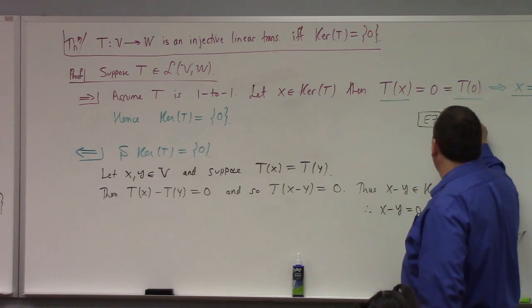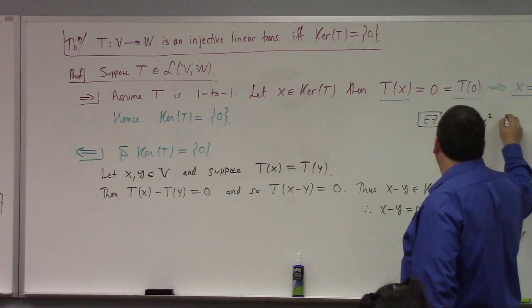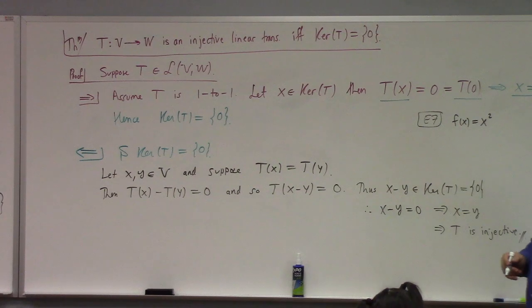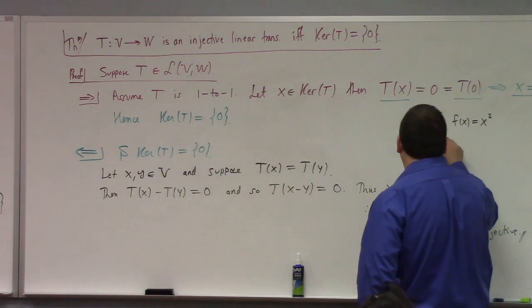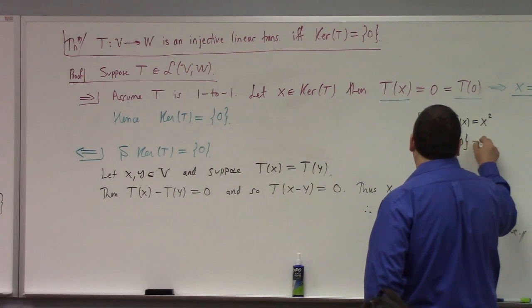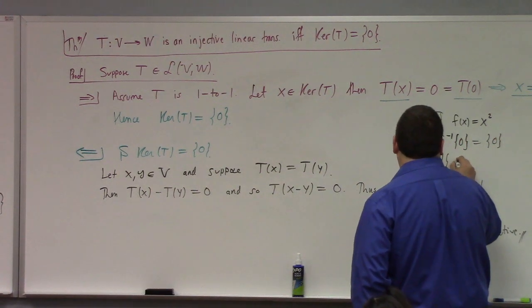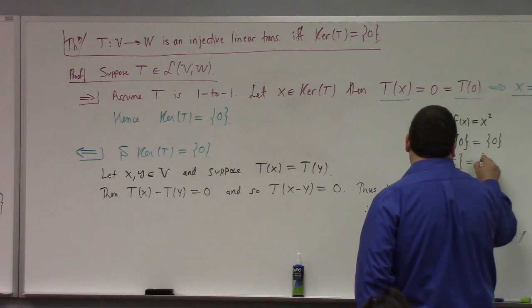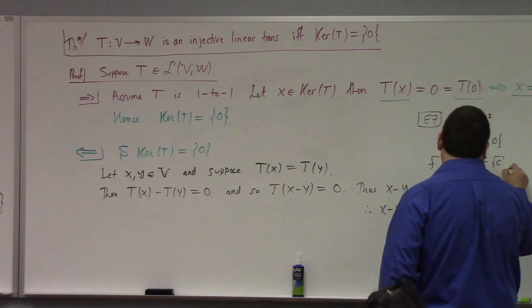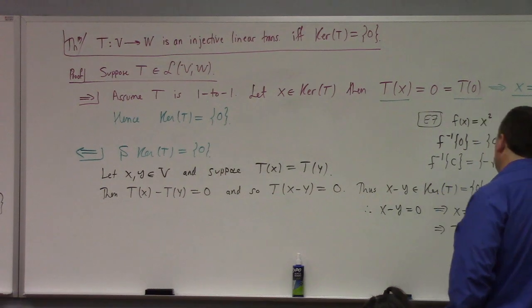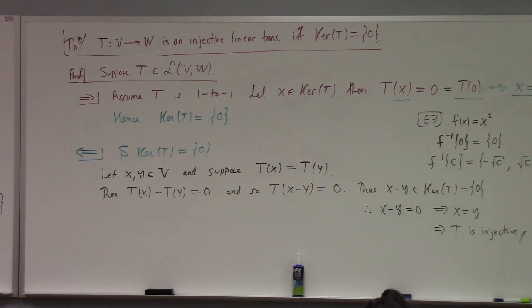So check this out. If I look at f of x equals x squared, well, the inverse image of 0 is just 0 here. But the inverse image of c is minus root c and plus root c, supposing that c is positive. If c is negative, the inverse image is empty.